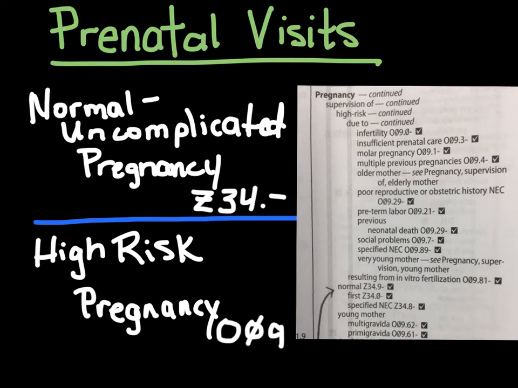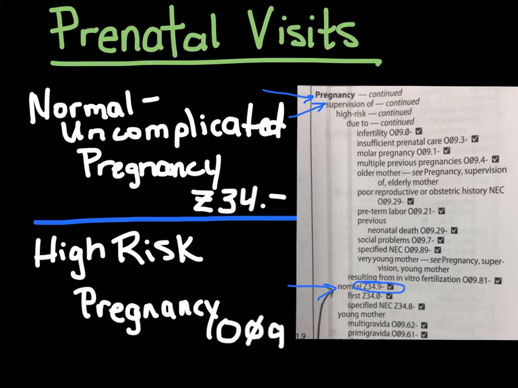Encounters for normal obstetric care or prenatal visits also include the use of a Z code. Taking a look in the alphabetic index under the main term of pregnancy, followed by the subterm supervision of, regular prenatal visits when no complications are present are coded to pregnancy, supervision of, normal in category Z34.